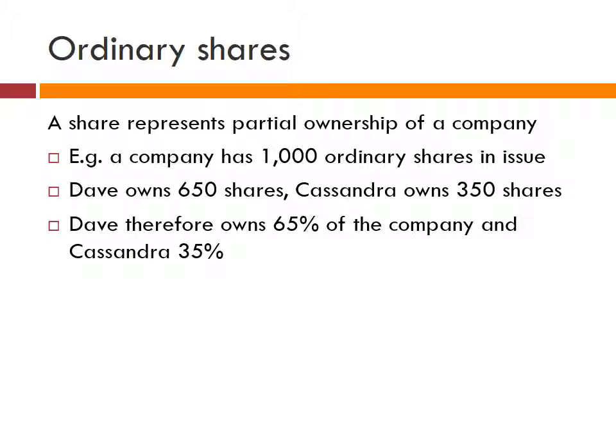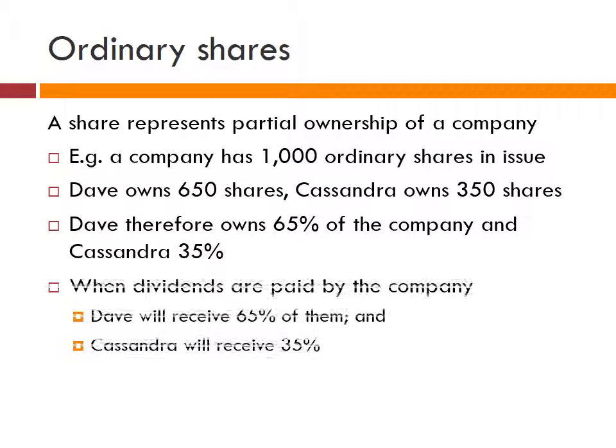That's 650 divided by the total ordinary share capital of 1,000, and Cassandra owns 35%. So when the company pays dividends to its shareholders, 65% of those dividends will go to Dave and only 35% to Cassandra.